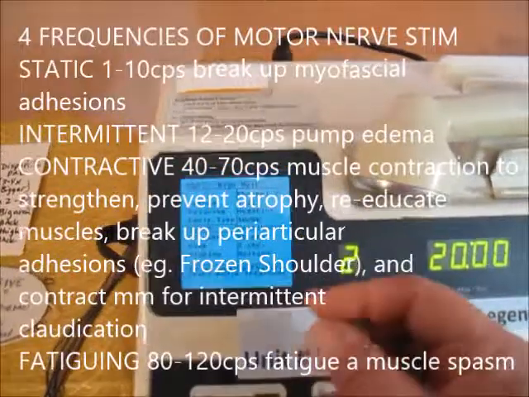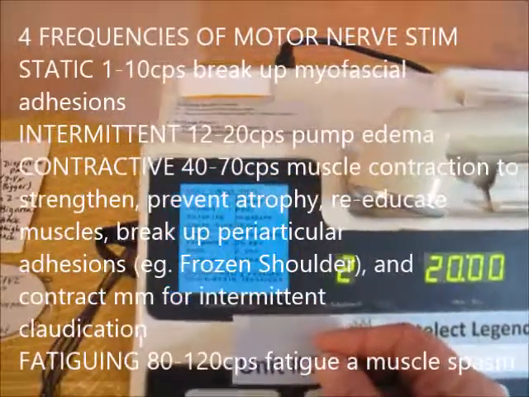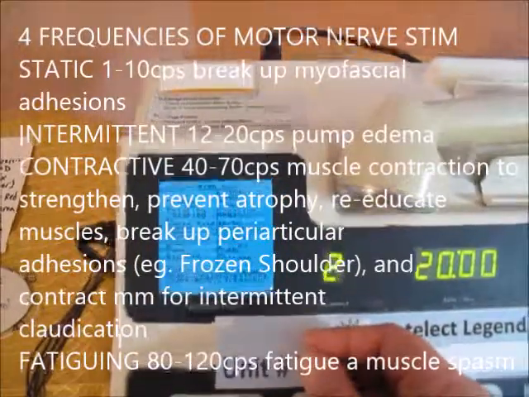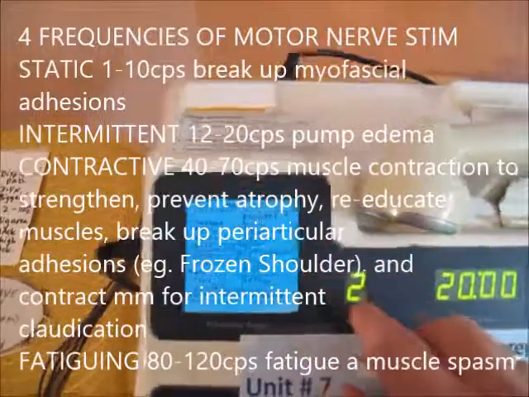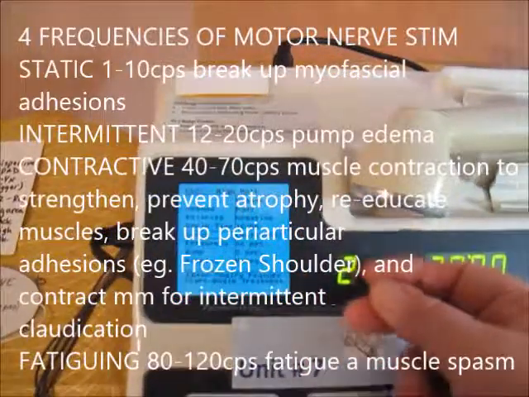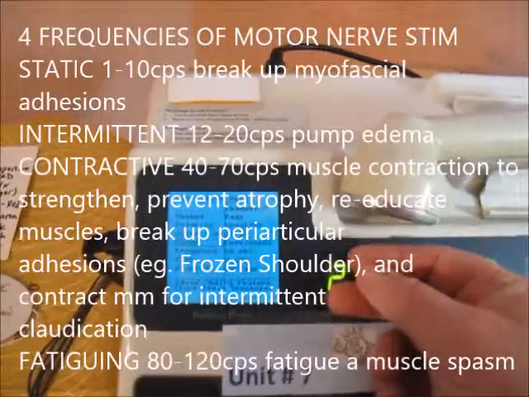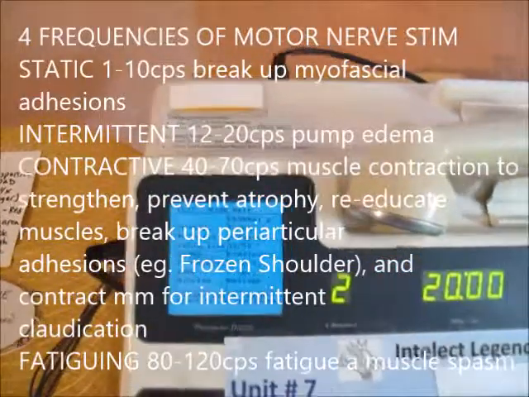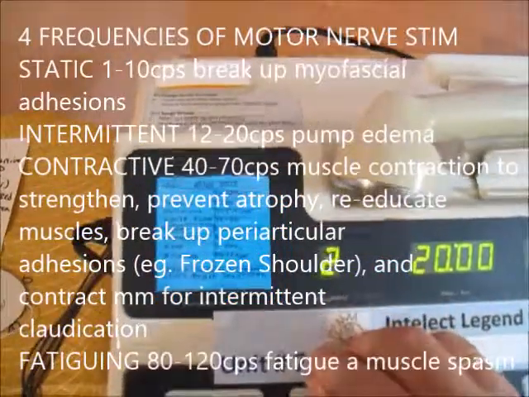If we wanted to get rid of myofascial adhesions using static frequency, we would use a 1 to 10 cycles per second range. If we wanted to have a pumping effect to get rid of edema, like in an intermittent motor nerve stim treatment, then we would have that one set from 12 to 20 cycles per second.